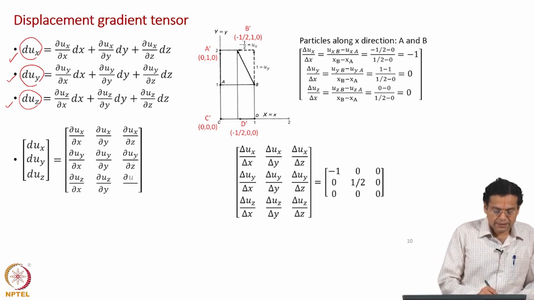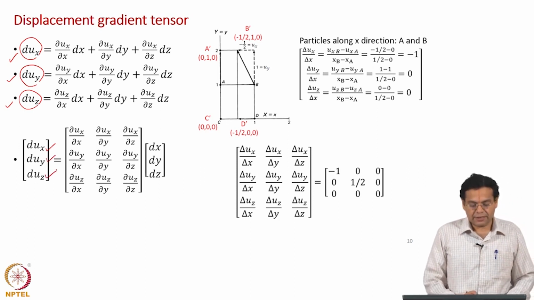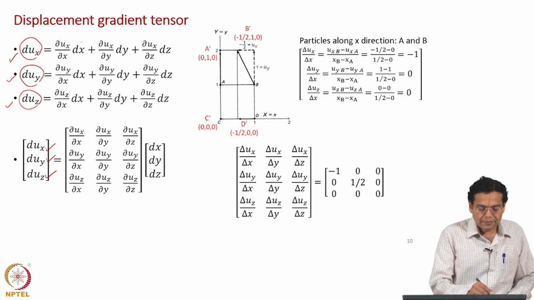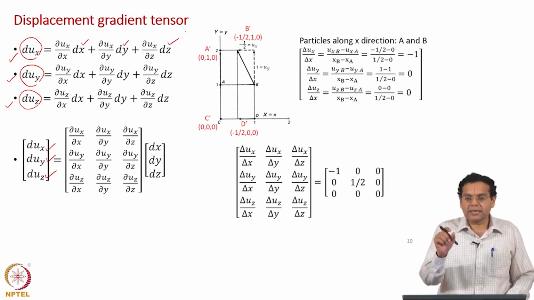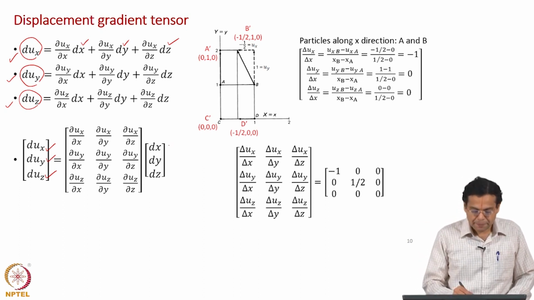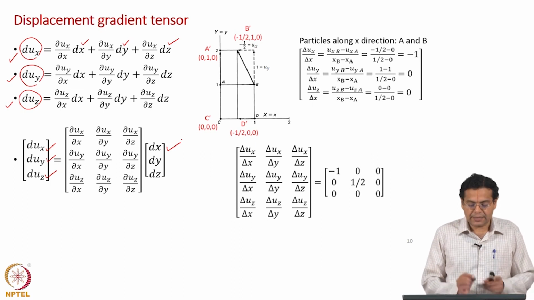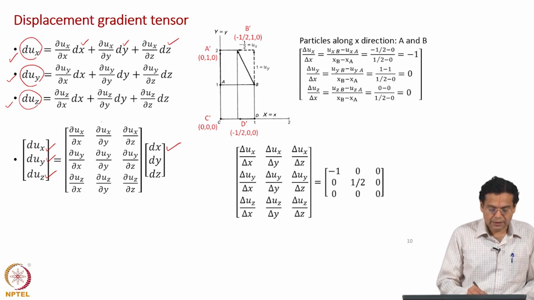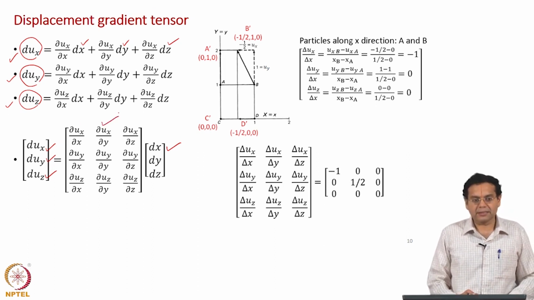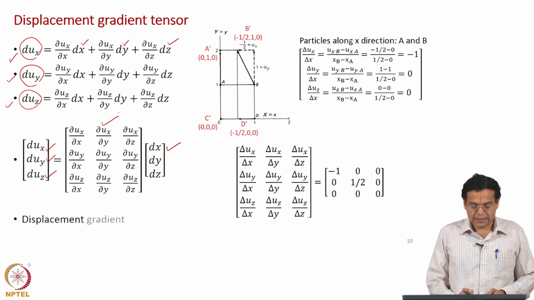I am collecting all the differentials of displacement on the left hand side as a column vector, and then these dx, dy, dz, remember they were the difference in the x coordinate, y coordinate, z coordinate between p and q. They are all collected as another column vector. Now, if you arrange this as a matrix, then what you get is this 3 by 3 matrix, which you are familiar as the displacement gradient tensor.